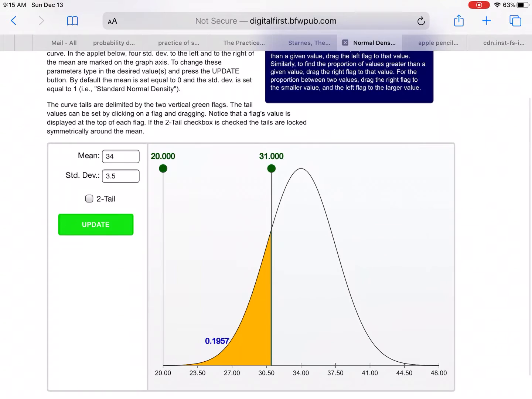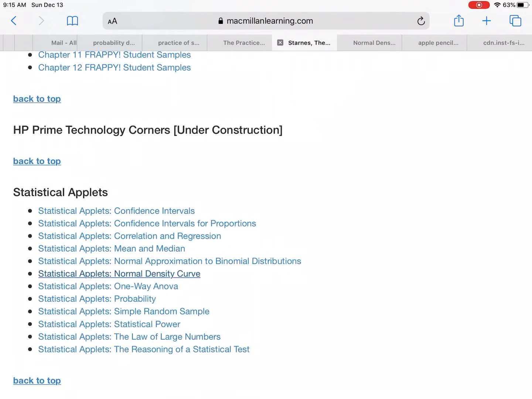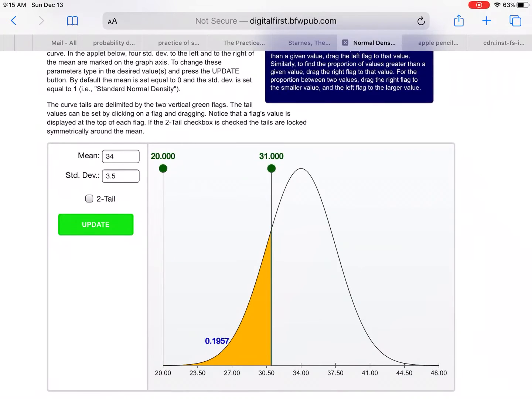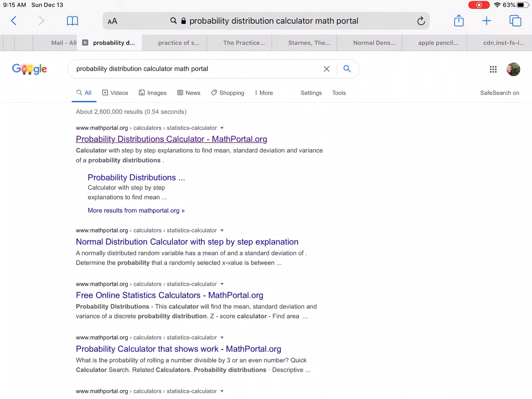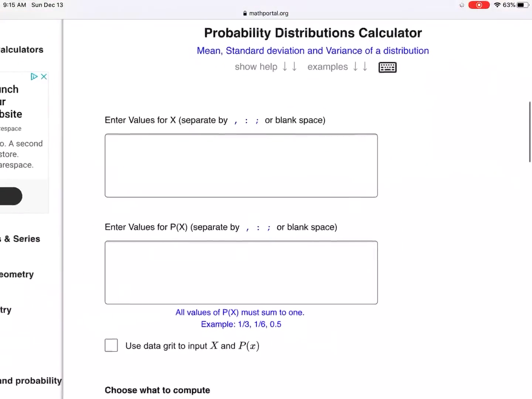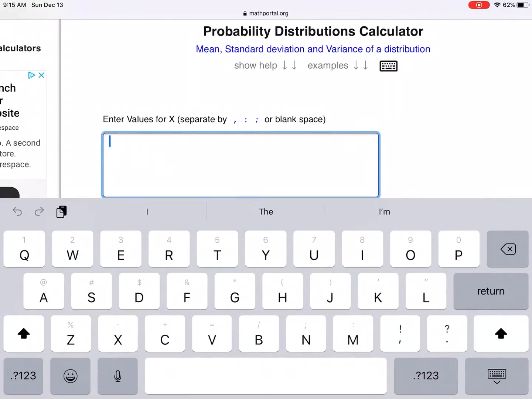So back to my technology. Where was that? Did I really go off of that website? I really did. Wow. Okay. Probability distribution calculator. Here it is again. And what are my values?